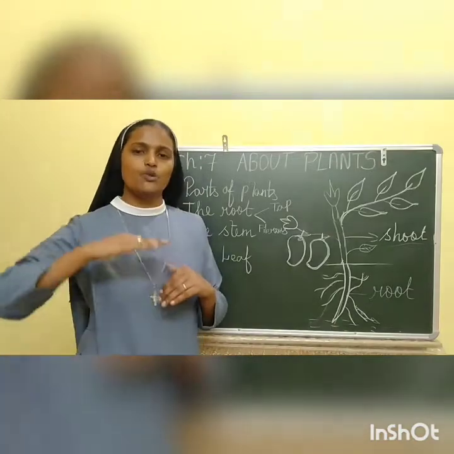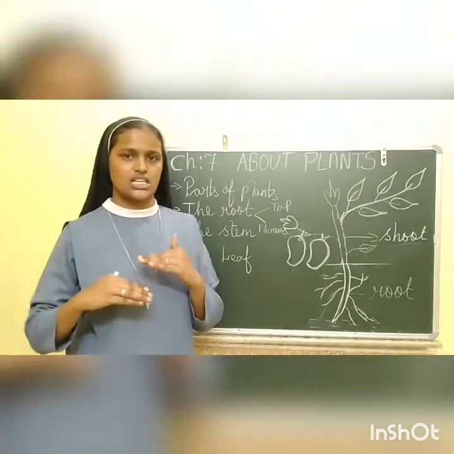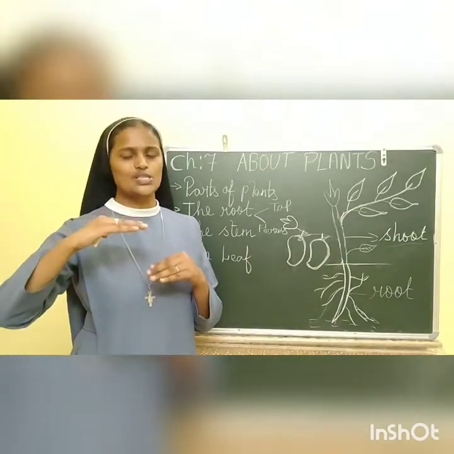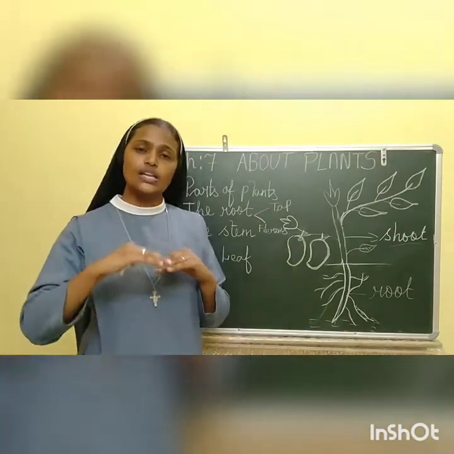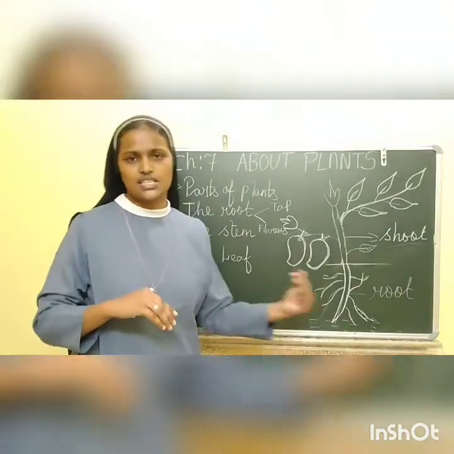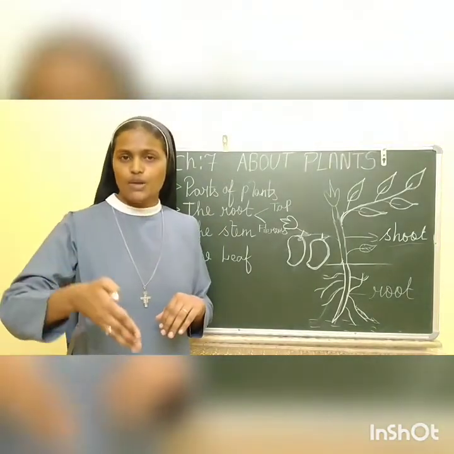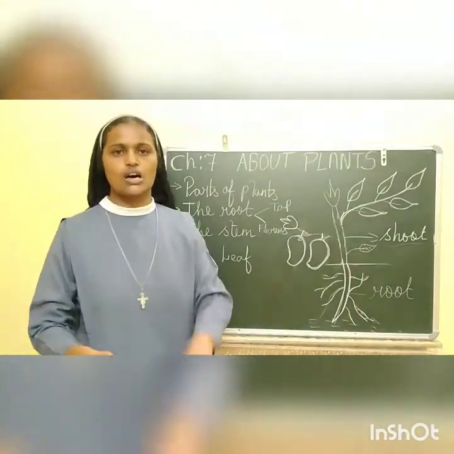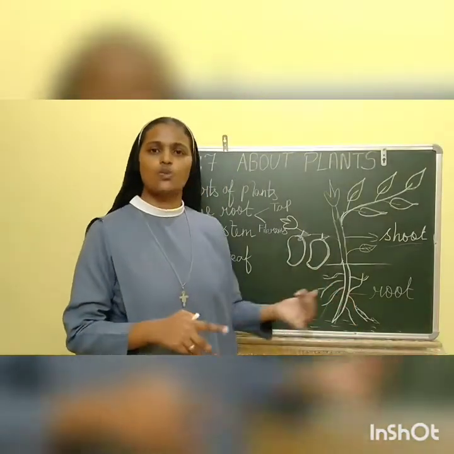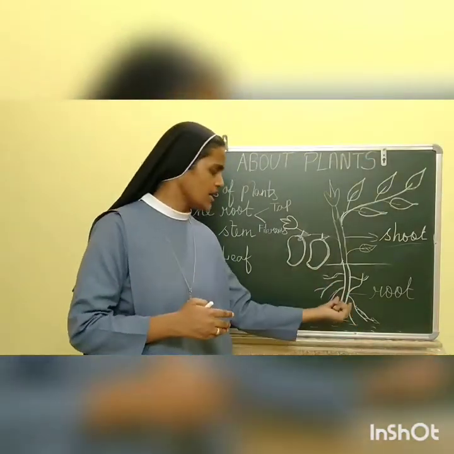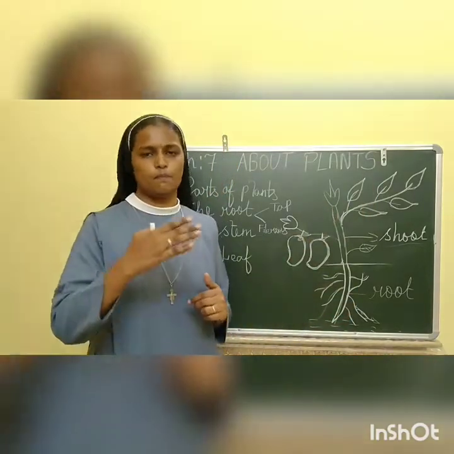Because if the plant wants to grow well, it needs minerals, just as we need them. The minerals are dissolved in the water present in the soil. So, we pour water to the soil, and the soil absorbs the water. From the soil, the root absorbs water and minerals and transports them to the different parts of a plant.